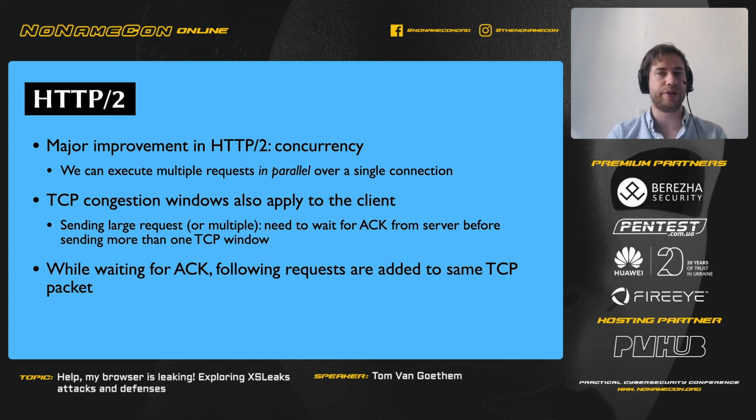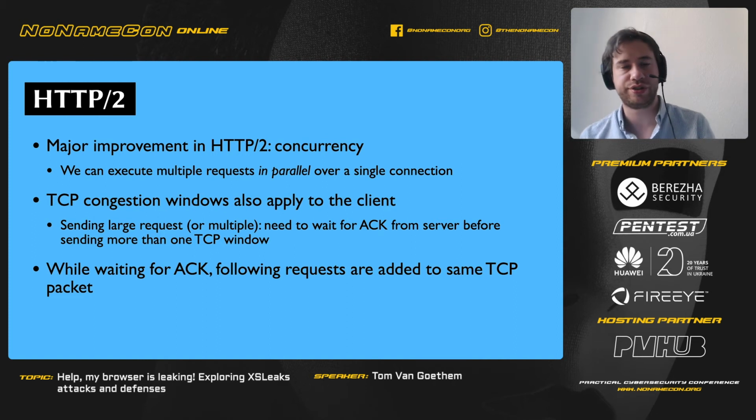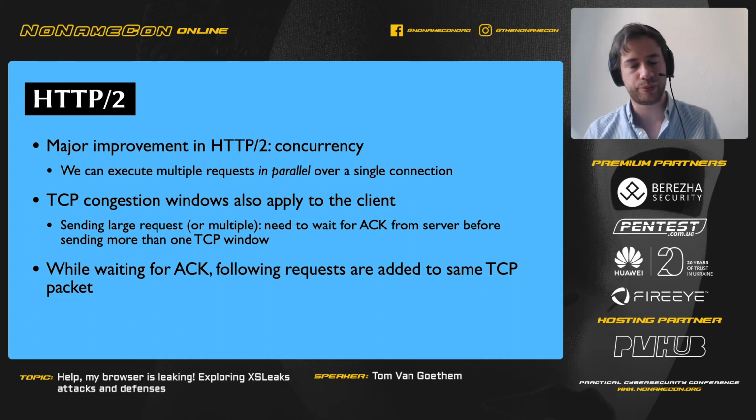And then we also have to ensure that both requests are in the same TCP packet. For this, we can again use the trick of using TCP congestion windows, because this algorithm also applies to the client. So we can first send a very large request to the server, a request that's larger than a single TCP window.